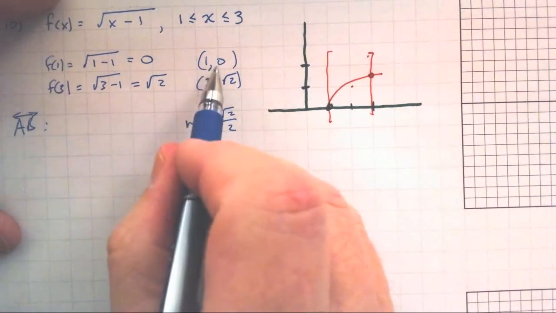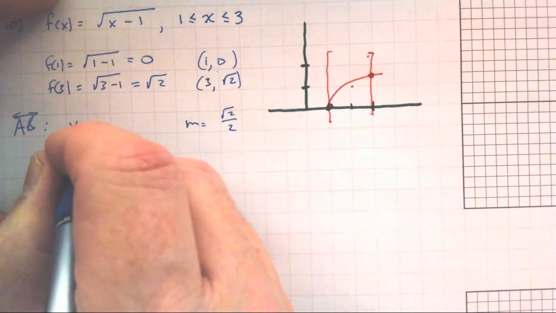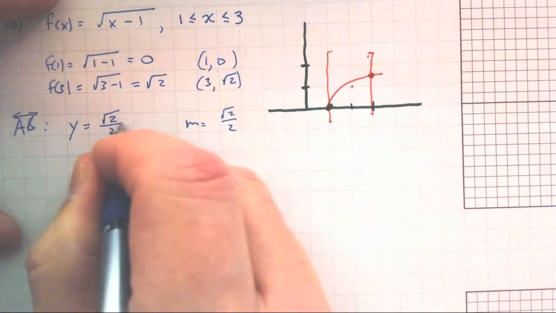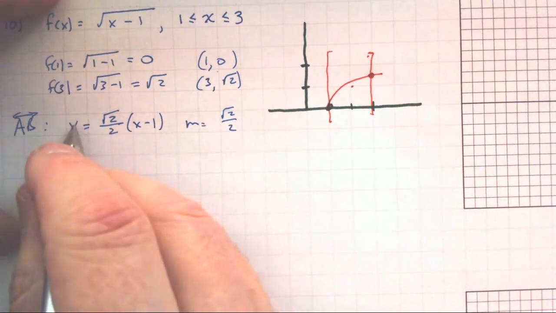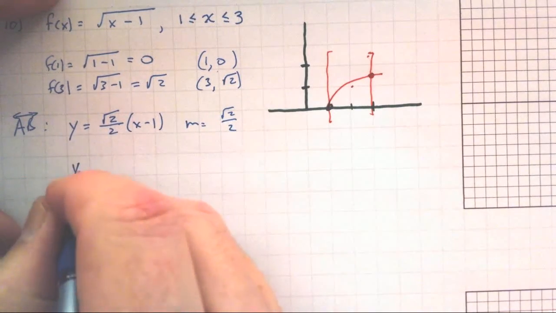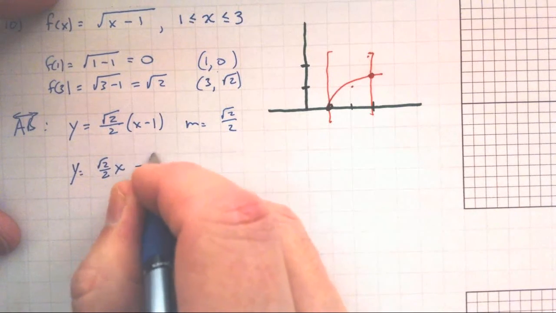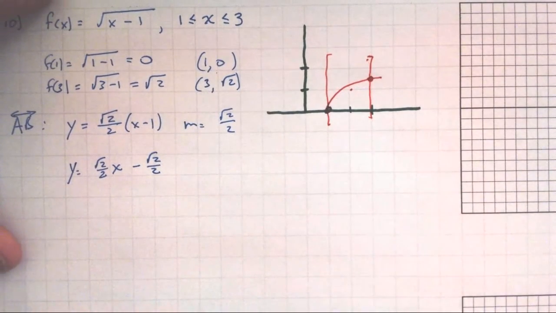It could be written as y minus 0 equals root 2 on 2 times x minus 1, or because we're halfway there to slope-intercept, maybe y equals root 2 on 2 x minus root 2 on 2.